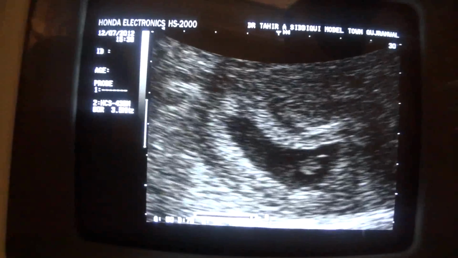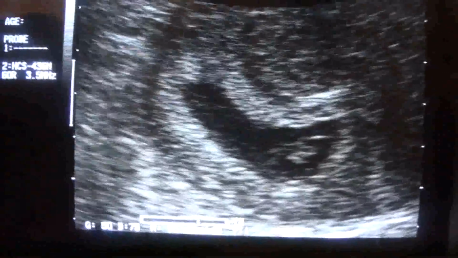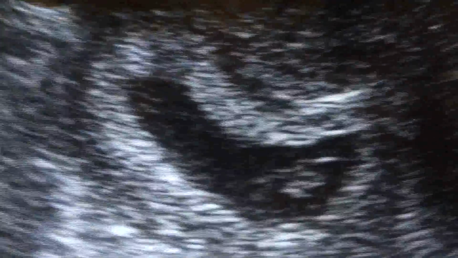You are seeing the cardiac flicker. It is clearly seen that the cardiac flicker is present, consistent with a 7 weeks pregnancy.